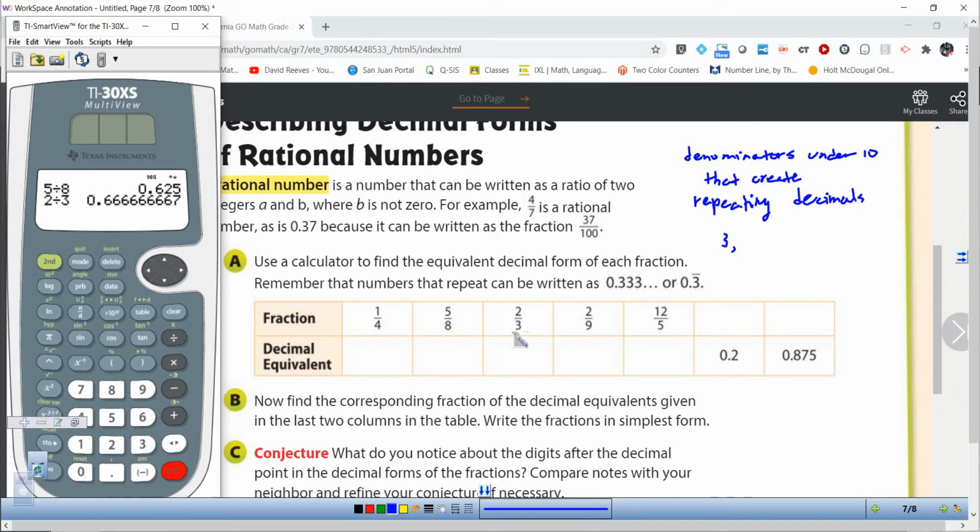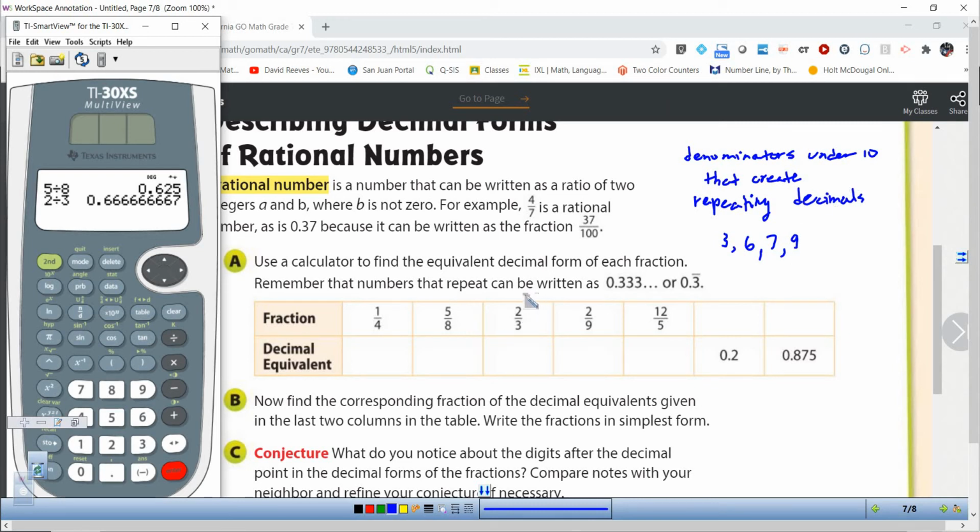If you have 3 in the denominator, it's going to create a repeating decimal. 6. If you have 6 in the denominator, it's going to create a repeating decimal. 7. If you have 7 in the denominator, it's going to repeat, and 9. Okay, there are many, many more denominators that cause repeating fractions, but these are the ones that are under 10.